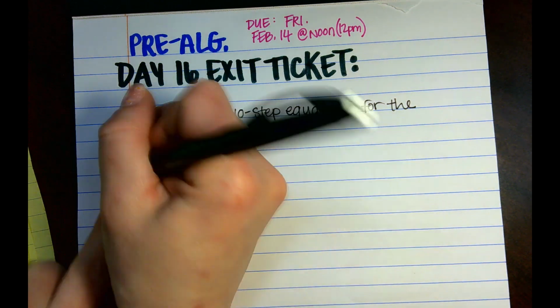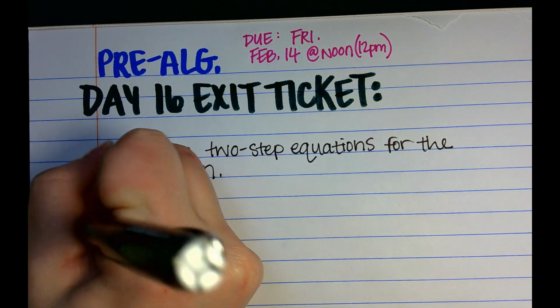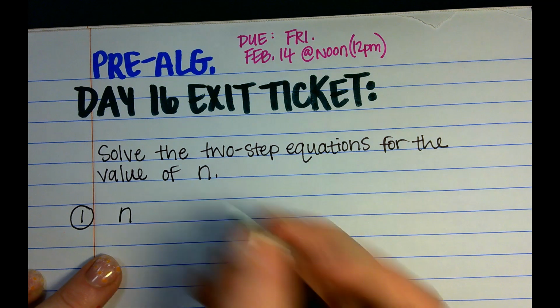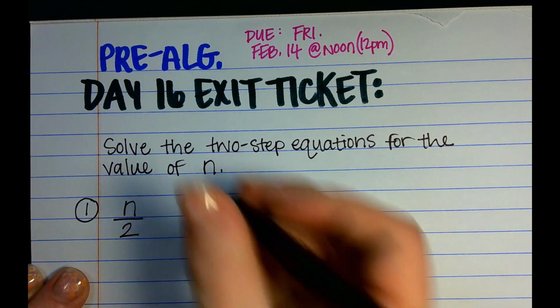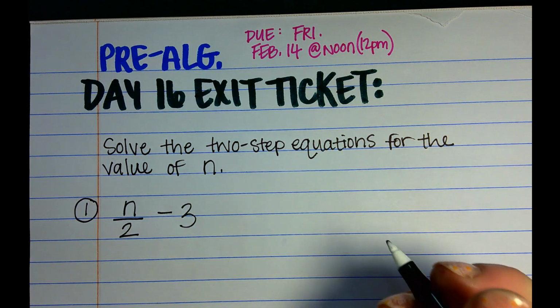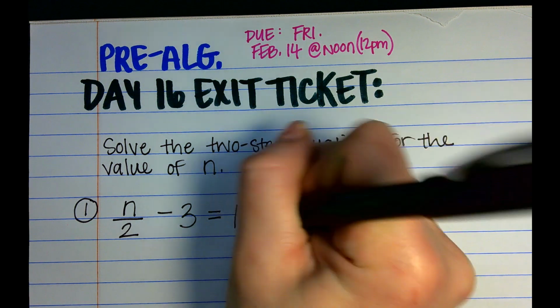So, number 1 is going to be n divided by 2 minus 3 equals 12.